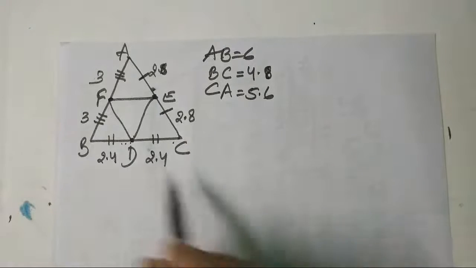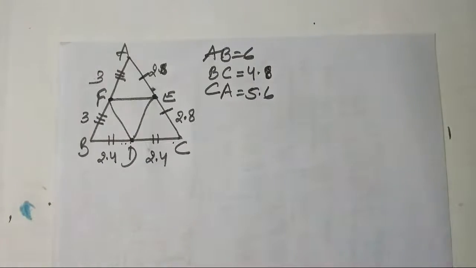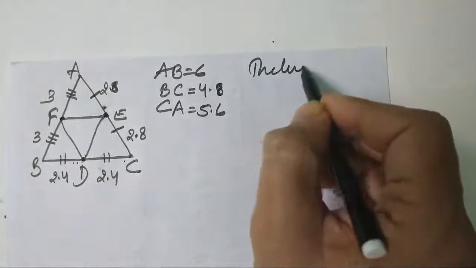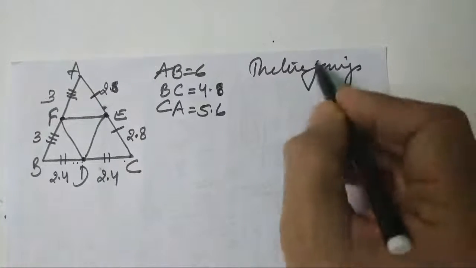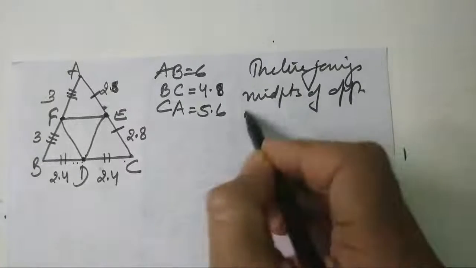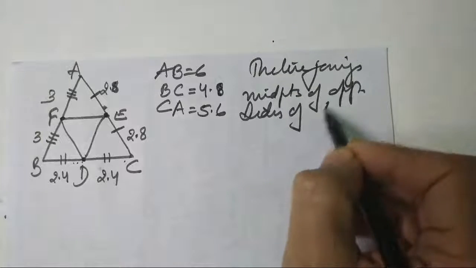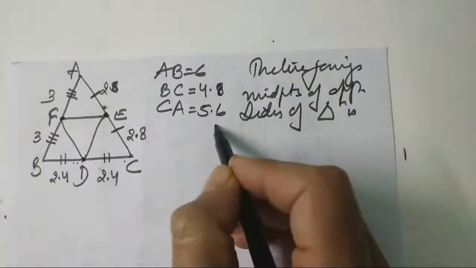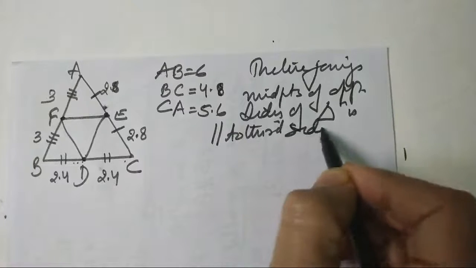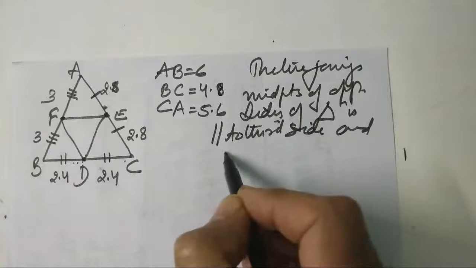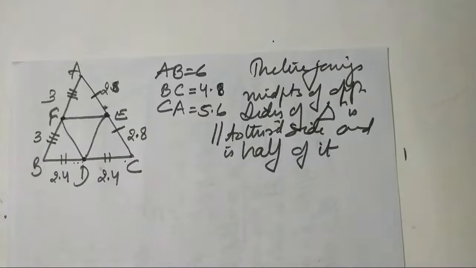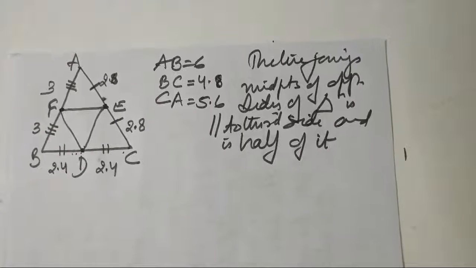Now we will apply the midpoint theorem, and whenever you apply the theorem, you should state it: the line joining midpoints of two sides of a triangle is parallel to the third side and is half of it. So which theorem is being used here?